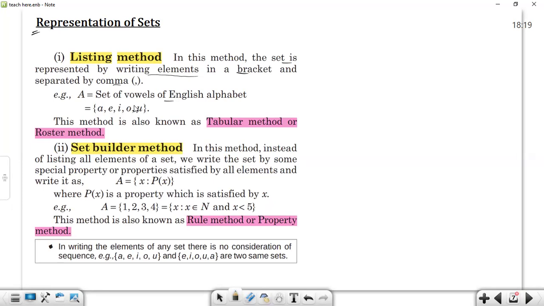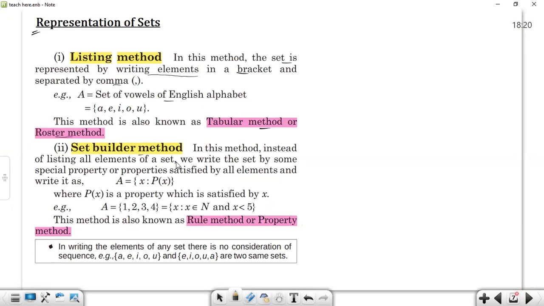This is the listing method, also known as the tabular method or roster method, in which the elements are written directly.